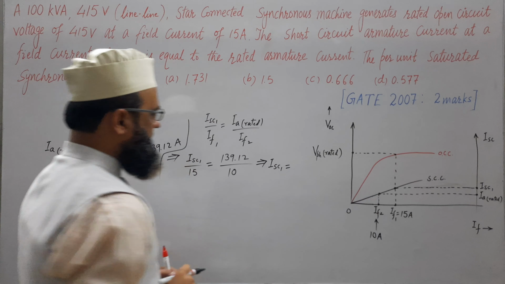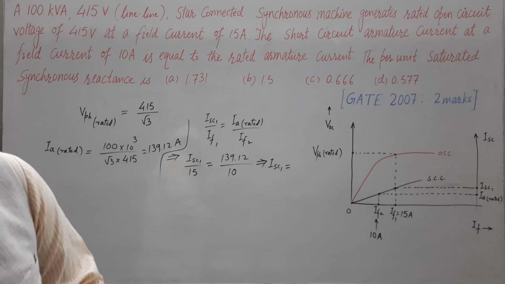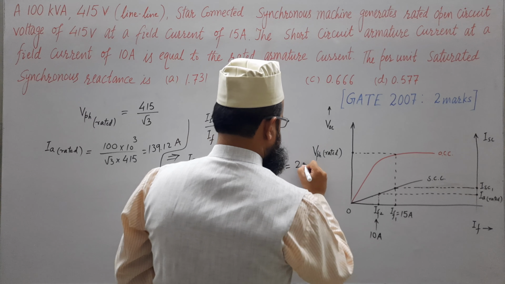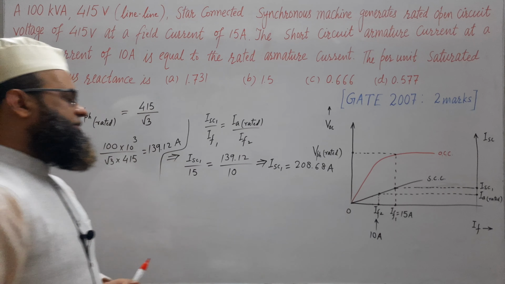So ISC1 will be this upon this into 15, which comes out to be 208.68 ampere. Just check it yourself.